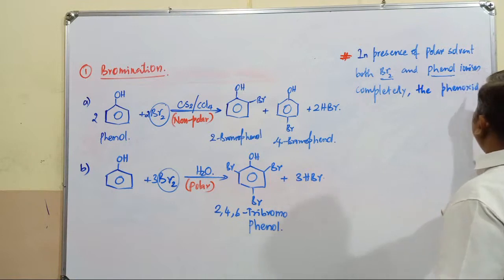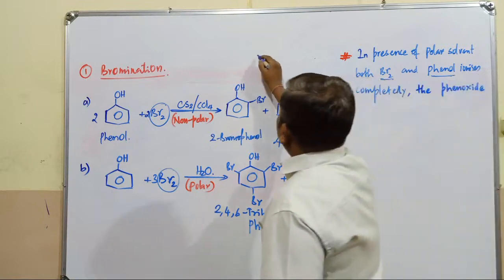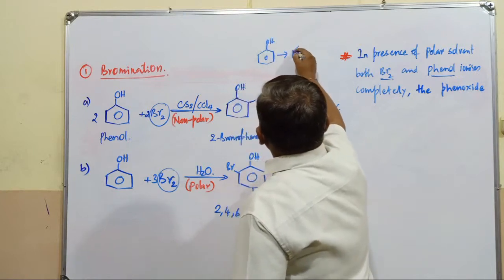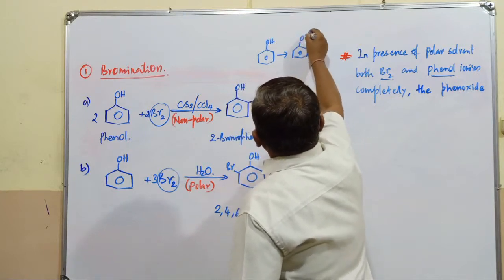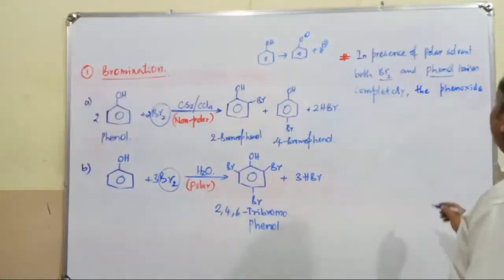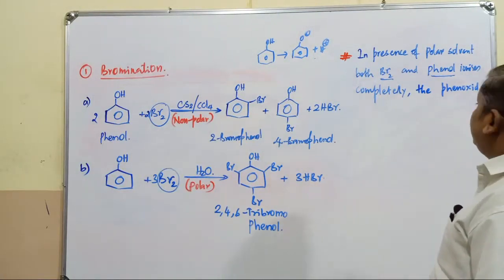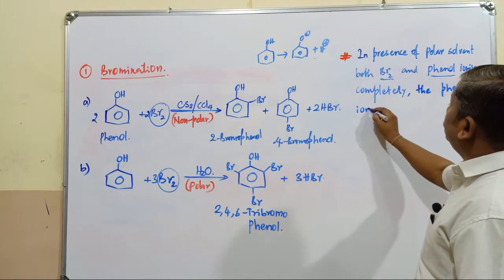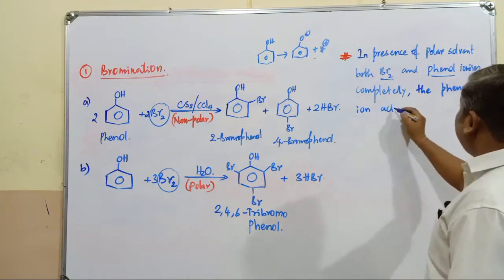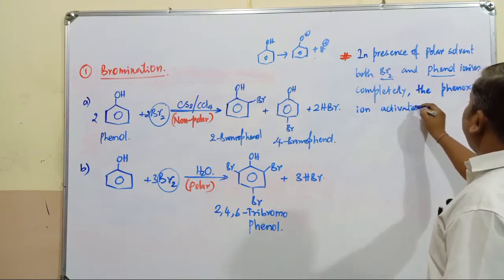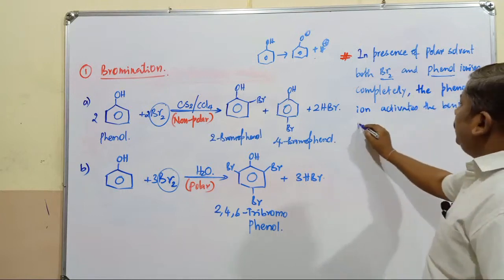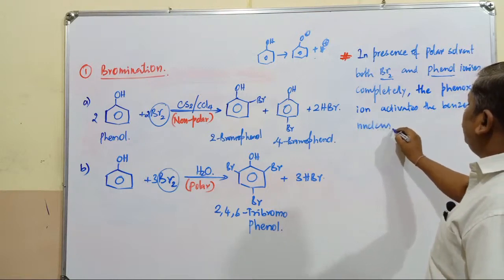Whatever amount of phenoxide ion is going to be produced, this is the phenol compound, OH is there. When it undergoes ionization, it forms O minus and H plus. Such type of ionization takes place. When the phenoxide ion is formed, the phenoxide ion activates the benzene nucleus.